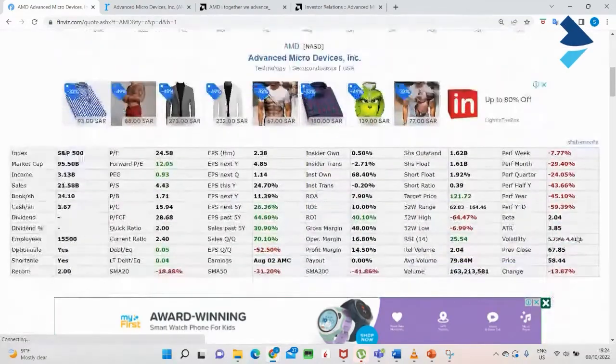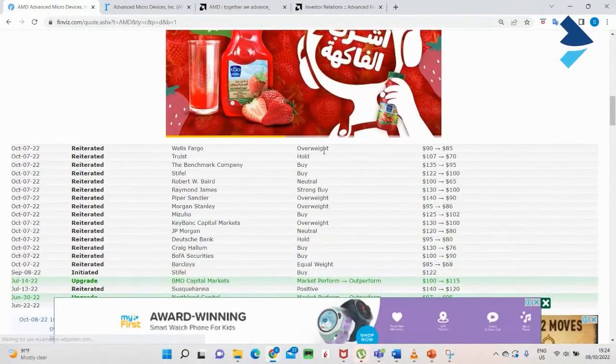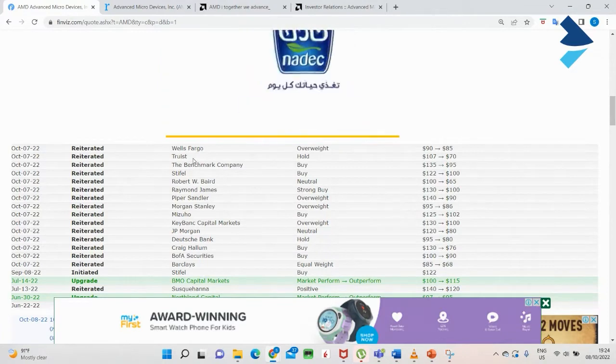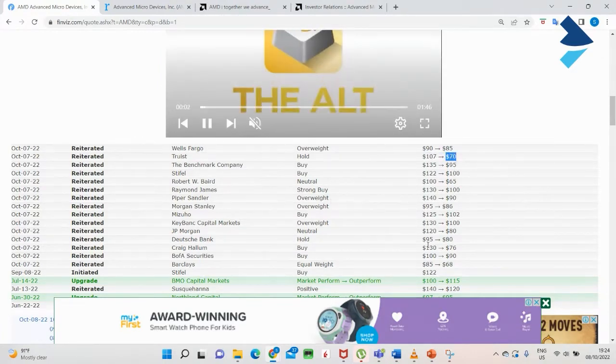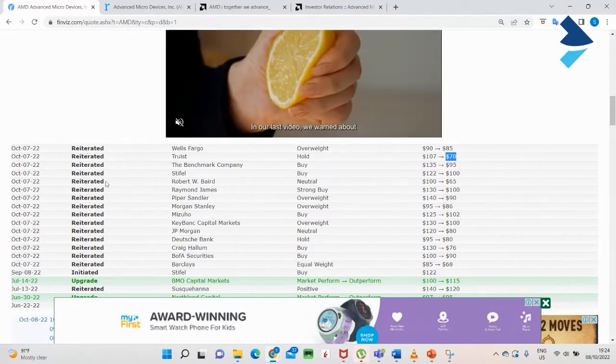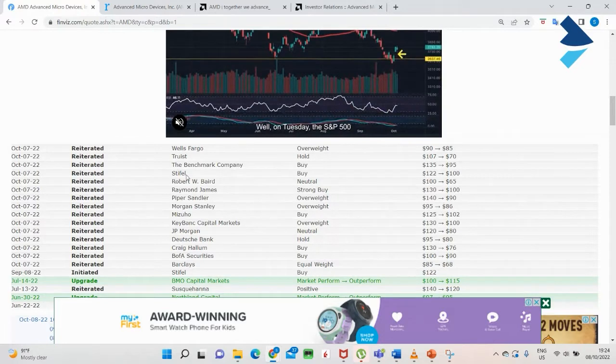Analyst estimates right now: Wells Fargo has an overweight at 90, 85. Truist has 107, and has now downgraded to 70, still above the 50 level. Benchmark has 95. These prices have all come in October. Stifel $100.